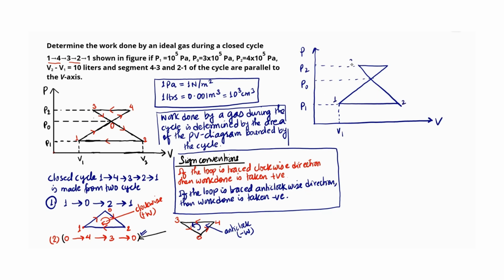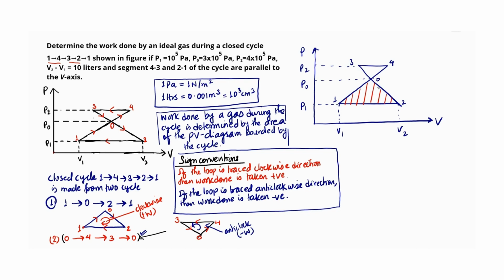This is 3. This is 4. And this is 0. And this is V2. As I said earlier, in order to find work done, we have to find the area of the PV diagram. Let's say we are going to find work done for this closed cycle.